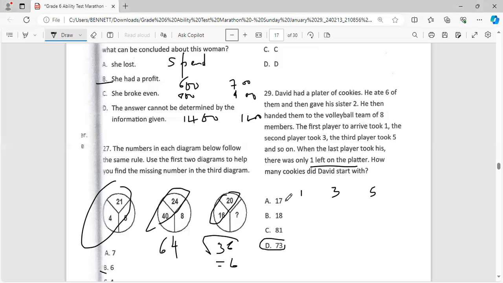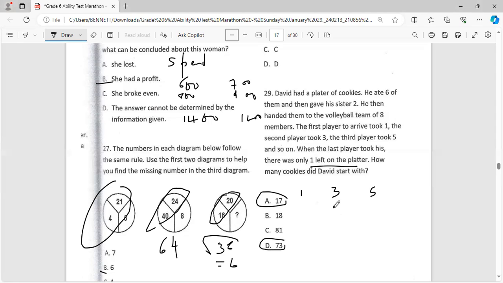Well, he took 6 and he gave his sister 2, so in total both of them ate 8 cookies. So that means when he went to the volleyball team to give them the cookies, he had 5 left.